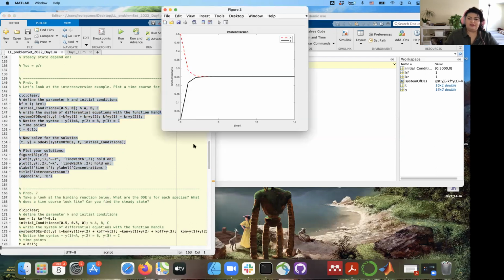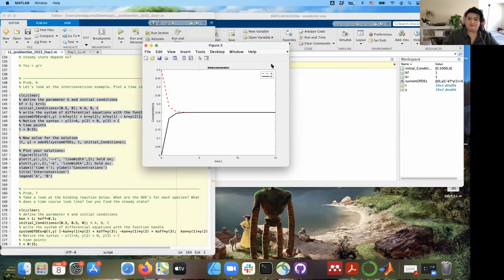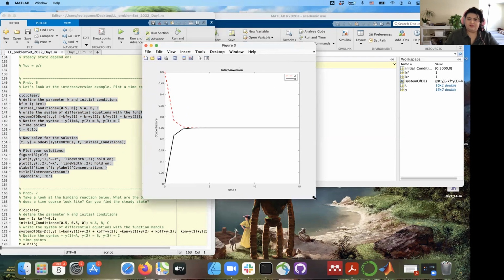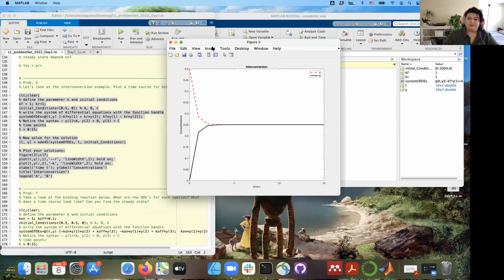Let's evaluate it, and you can see that we start off with some A, but as we lose A, it converts over to B. So now we have B increasing, and you can play around with the parameters.